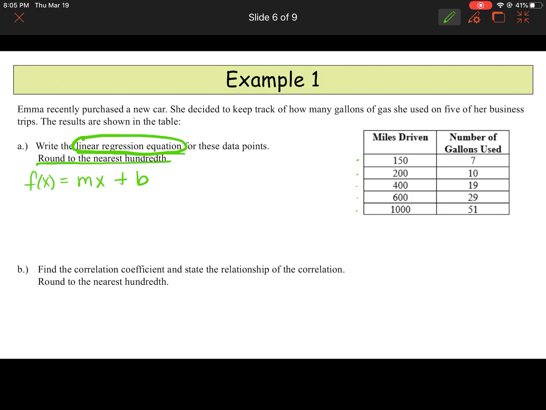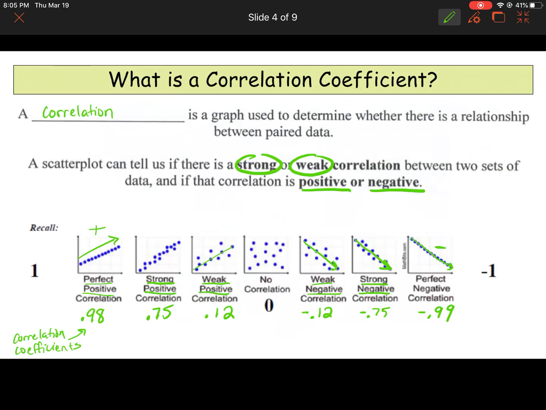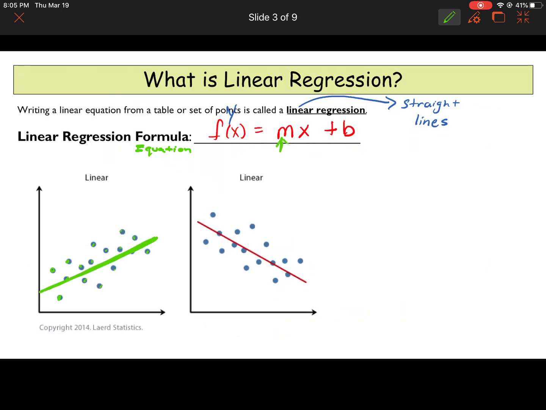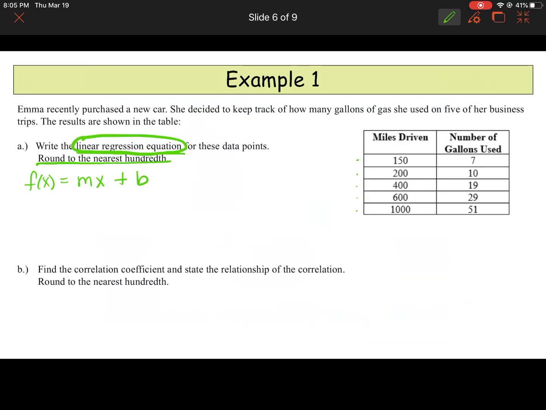Now remember, m represents our slope, b represents our y-intercept. Okay, and I'll even go back and add that in here. m is the slope, b is your y-intercept, where it crosses the y-axis. Okay, so what I'm going to do from here is go to GeoGebra.